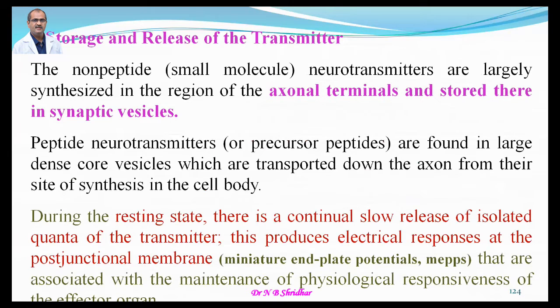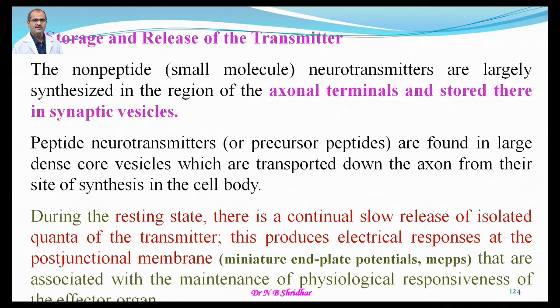The first one we have to discuss is the storage and release of the neurotransmitter. Usually the non-peptide or small molecule neurotransmitters are largely synthesized in the region of the axonal terminals and stored in the synaptic vesicles.